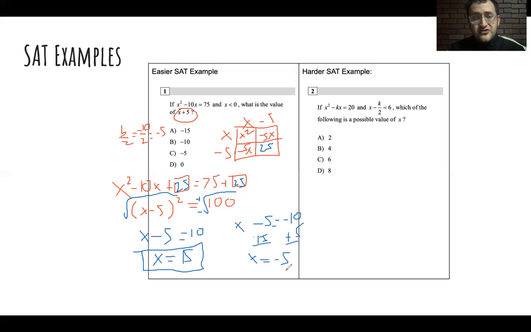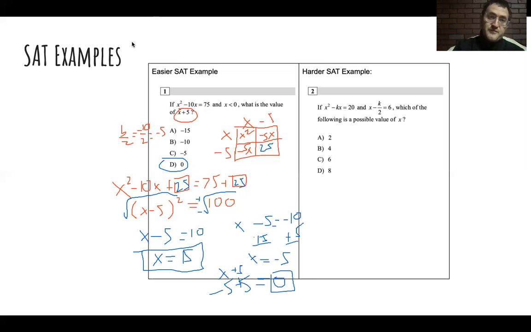The question is, what is the value of x plus 5? So I get negative 5 plus 5, so x plus 5 equals 0. And that would make D our final answer choice.